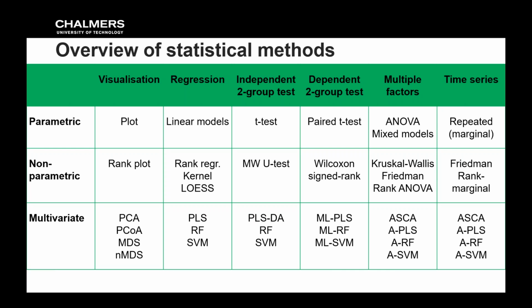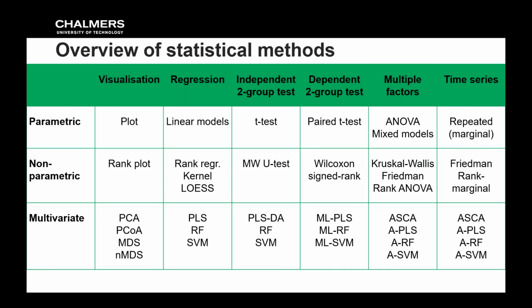We see that there are in fact multivariate methods for most of the things that we're doing, from visualization, it's our friend PCA, to regression and classification analysis, where we tend to have PLS as the de facto standard. But there are also methods like random forest or support vector machine, which are gaining momentum in the metabolomics field, which is very nice.